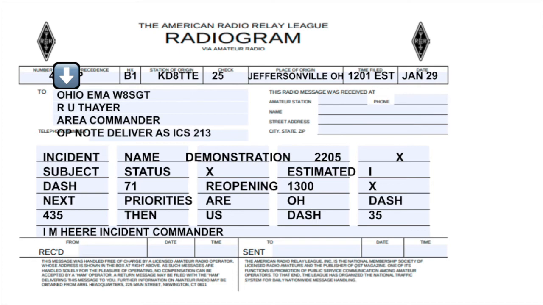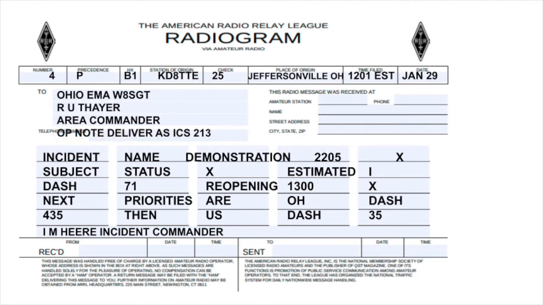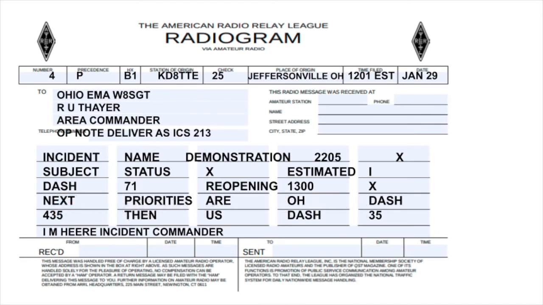Figures 2, 1, 3. Break. Incident. Name. Demonstration. Figures 2, 2, 0, Fife. Initial X-ray. Figures tree, Fife. Break. Initial India. Initial Mike. Here I spell Hotel, Echo, Echo, Romeo, Echo. Incident. Commander. End. No more.